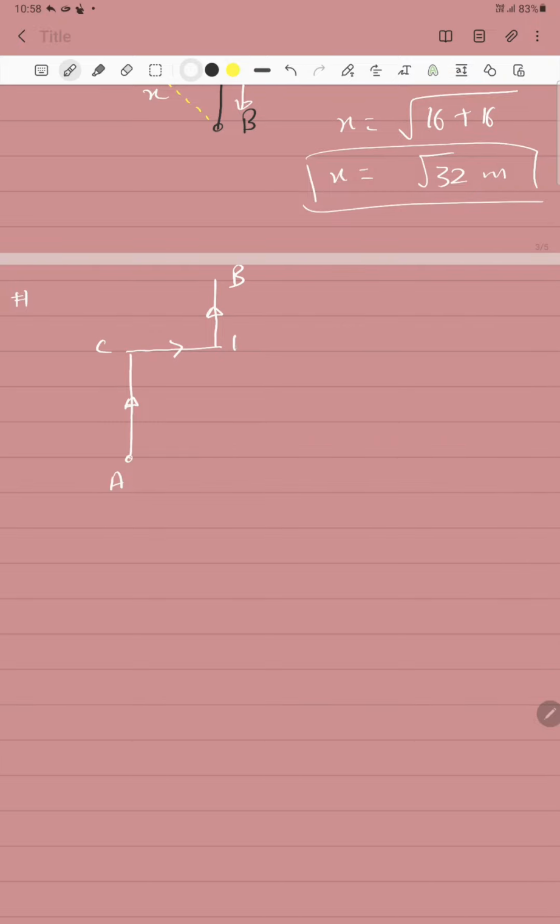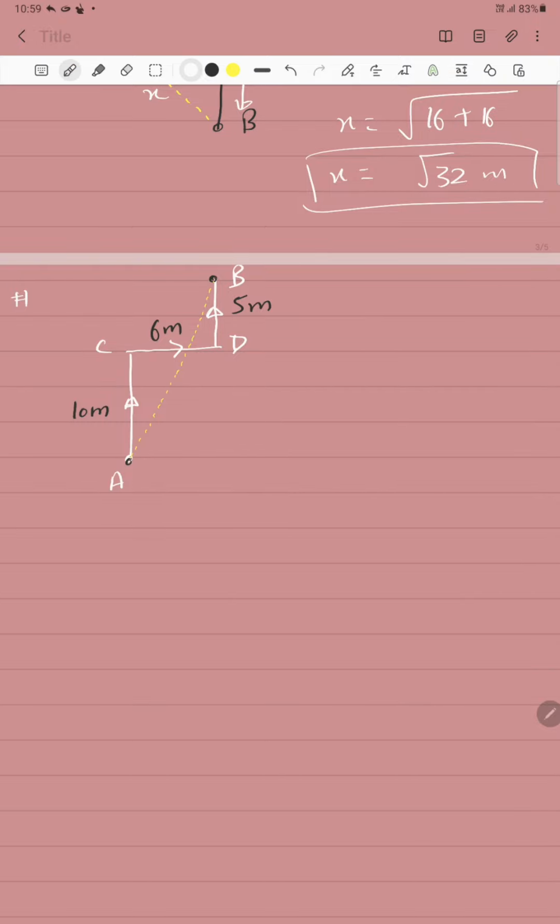Suppose this is point C, this is point D. If I ask you to find displacement between A and B, and this is given like this is 10 meter, this is 6 meter, and this is again 5 meter. So pause this video and try to solve. What will be your final answer? Just don't forget the basics. Connect A to B like this in a straight line.